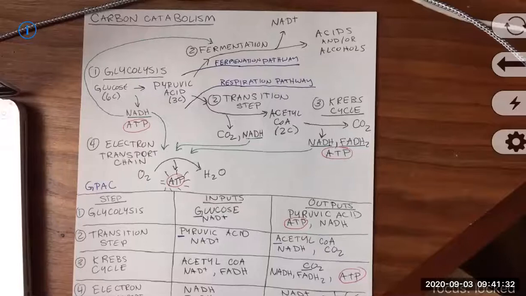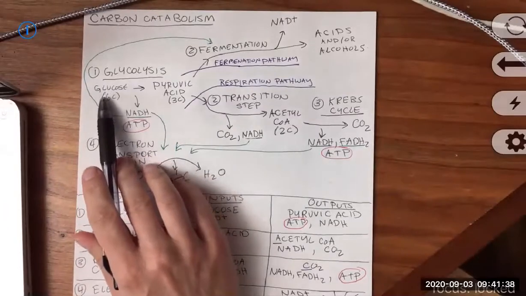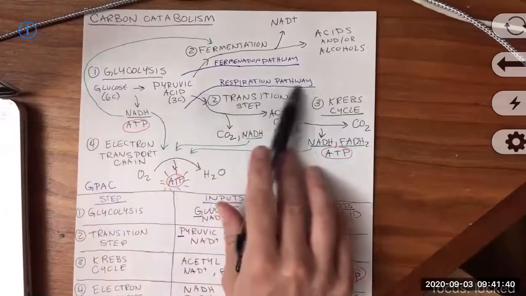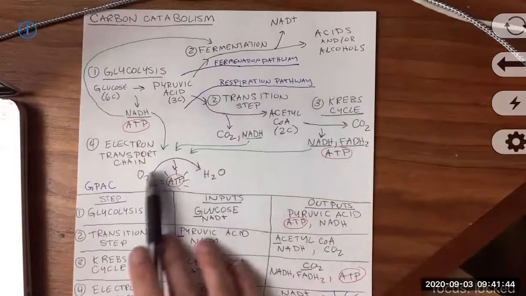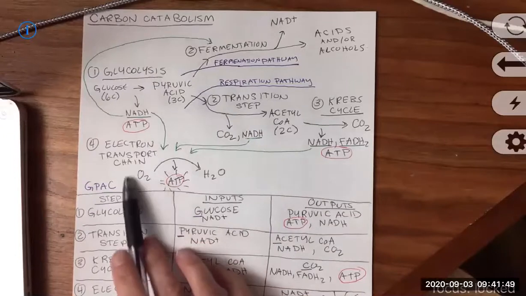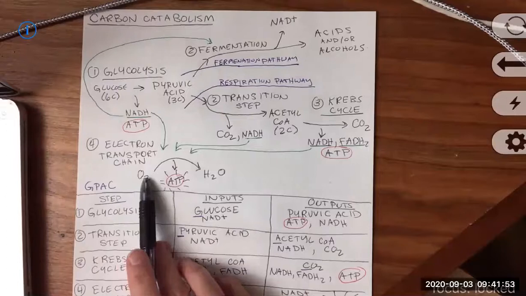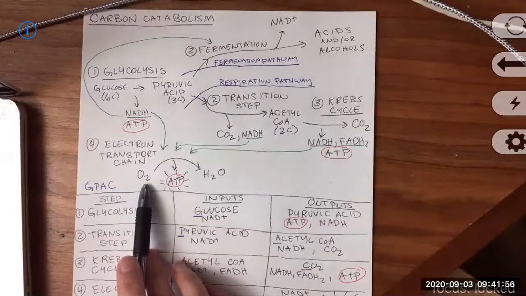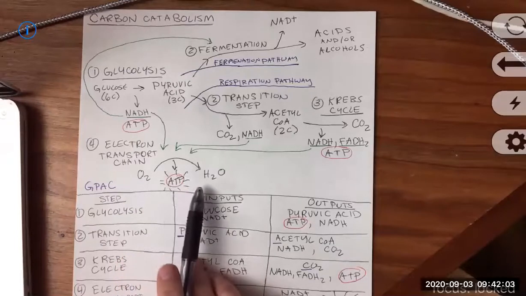Okay, so just a quick recap for carbon catabolism of glucose. Glucose can get broken down through 2 major pathways. One is this respiration pathway, where it goes through the transition step, the Krebs cycle, all the way through the electron transport chain, and this could be done aerobically using oxygen as the final electron acceptor, or this could be an inorganic electron acceptor such as nitrate or sulfate or many others, and this is a way of generating ATP.